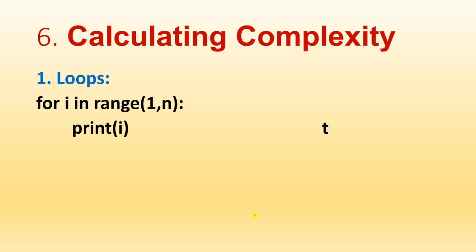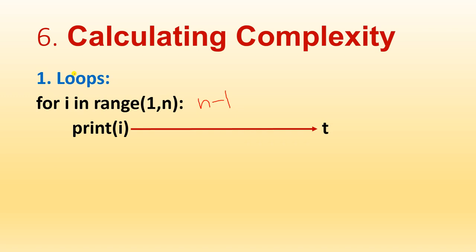So for example, in this loop, for i in range 1 comma n, this means it will run from 1 to n minus 1, and it will print i. Here there is a constant time, t.